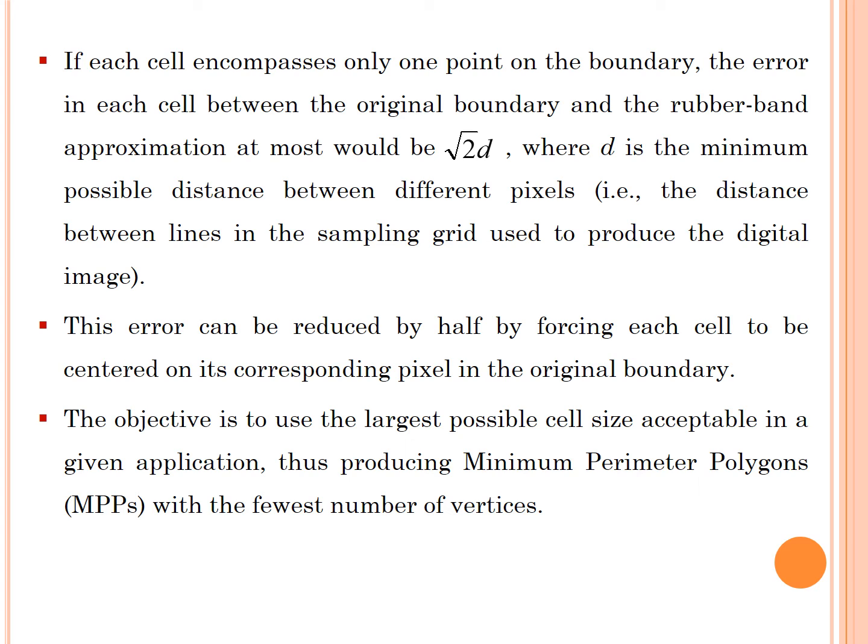This error can be reduced by half by forcing each cell to be centered on its corresponding pixel in the original boundary. The objective is to use the largest possible cell size acceptable in a given application, thus producing minimum perimeter polygons, that is MPP, with the fewest number of vertices.